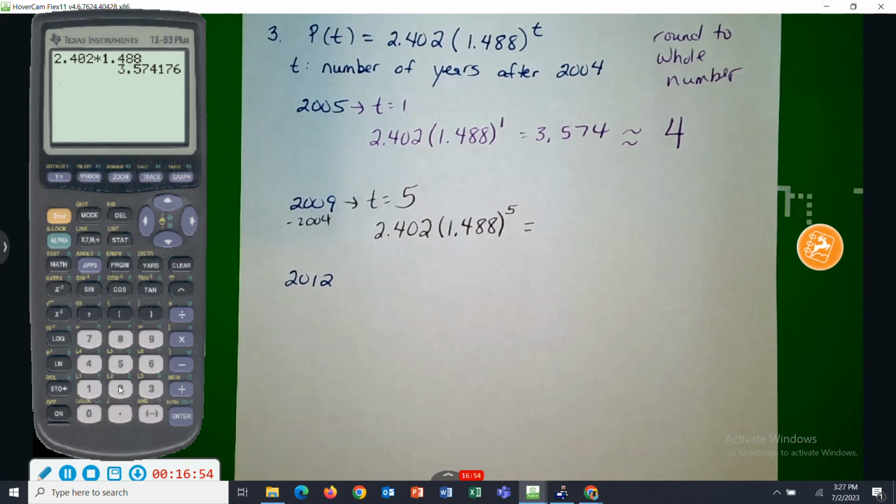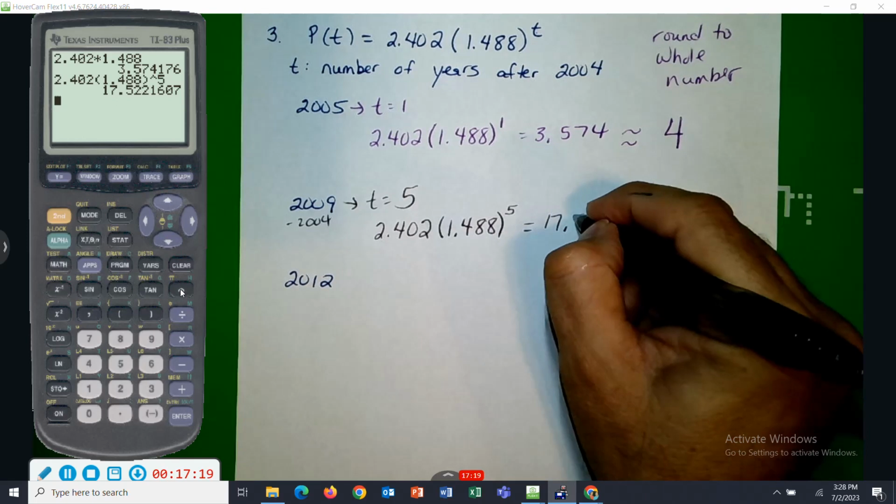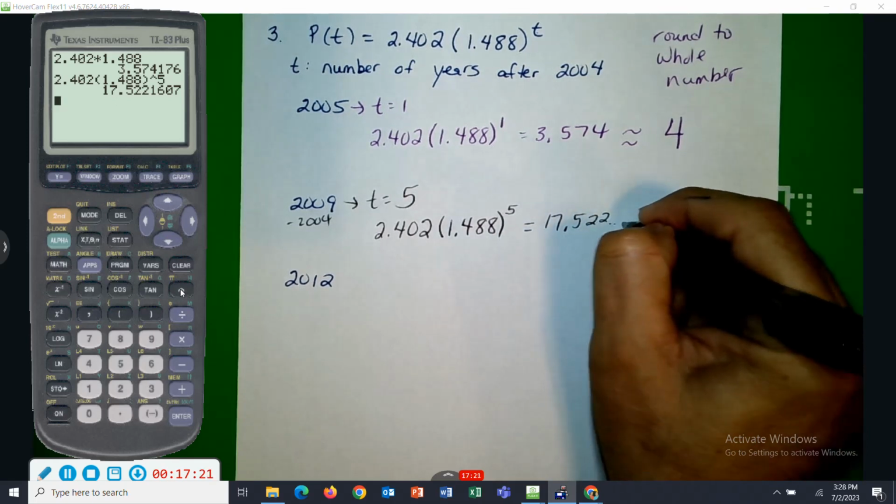So 2.402 parentheses 1.488 close parentheses raised to the 5th power. 17.522.